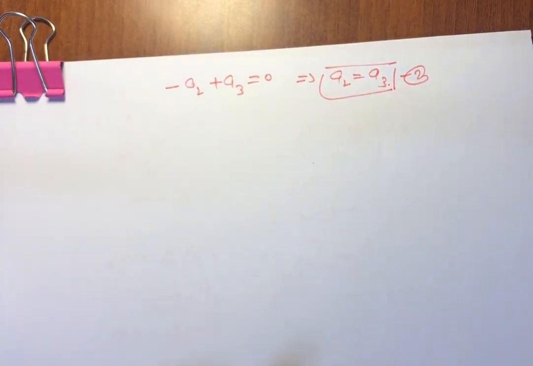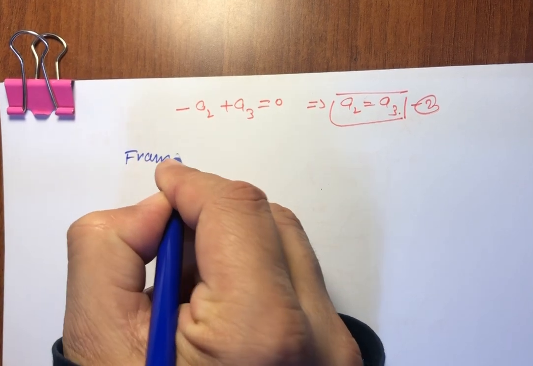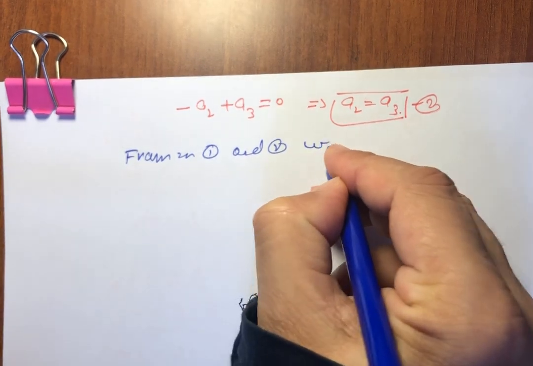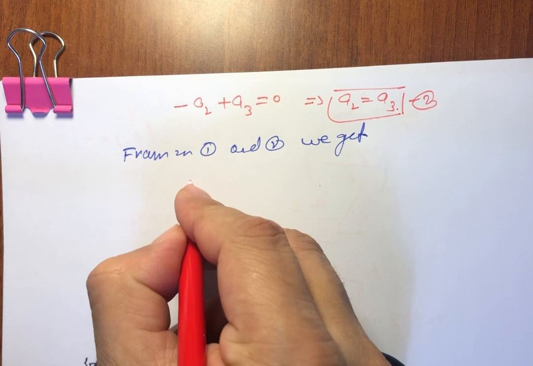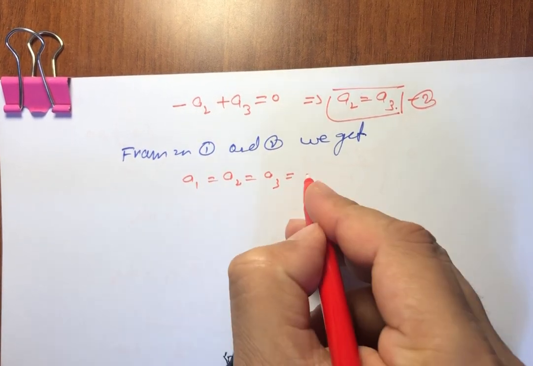From equation 1 and 2, we get that A1 is equal to A2 is equal to A3, and let us suppose it is equal to a.